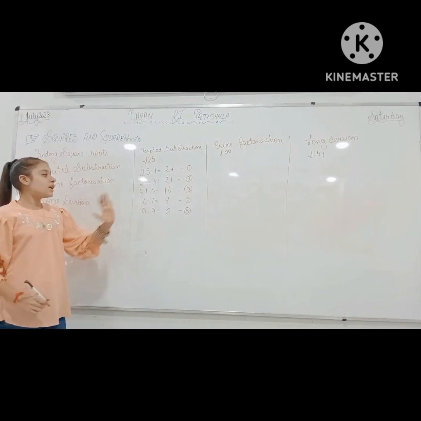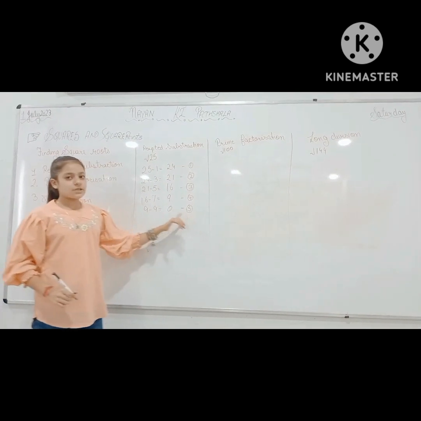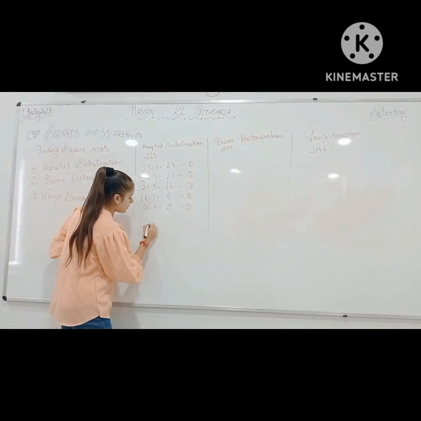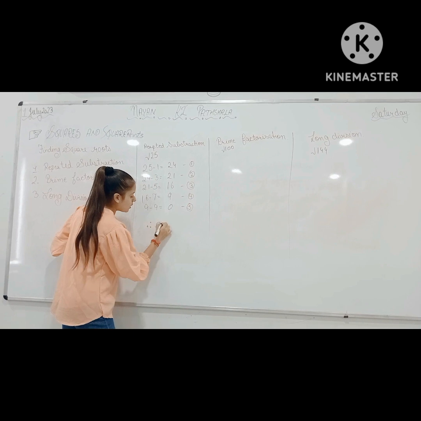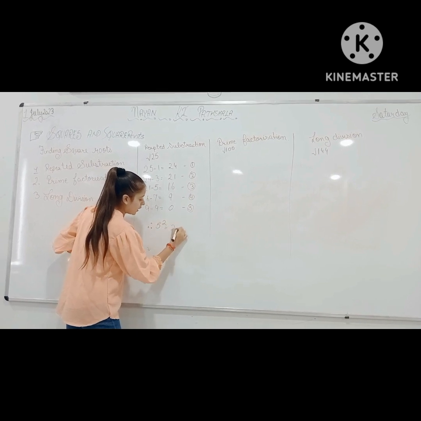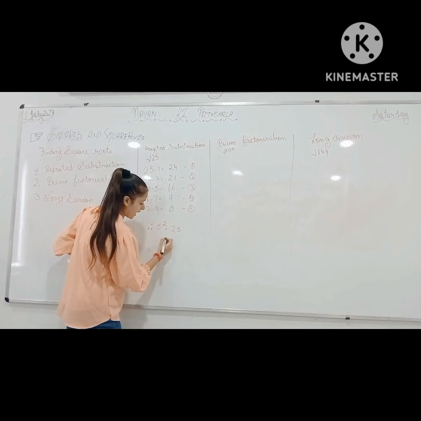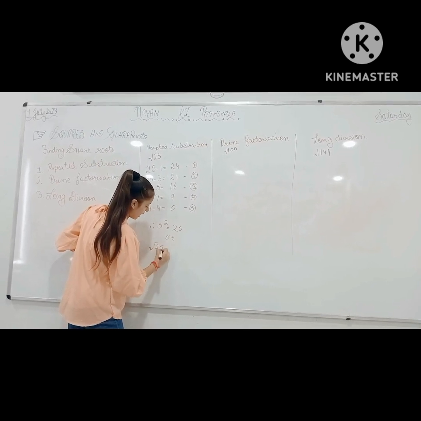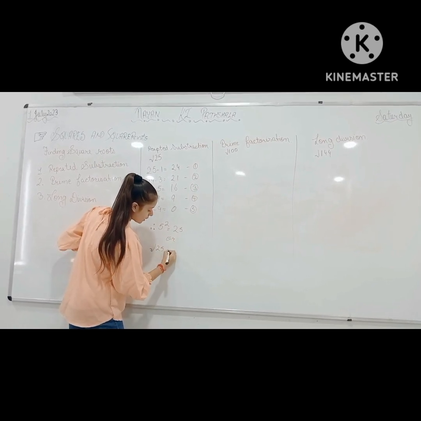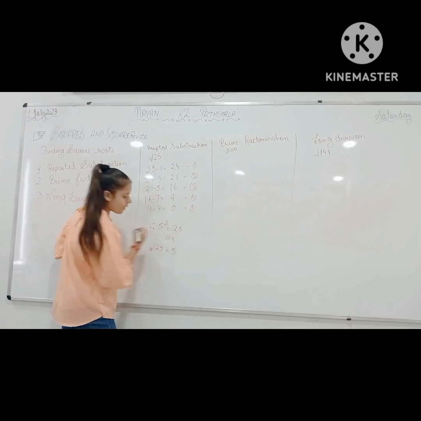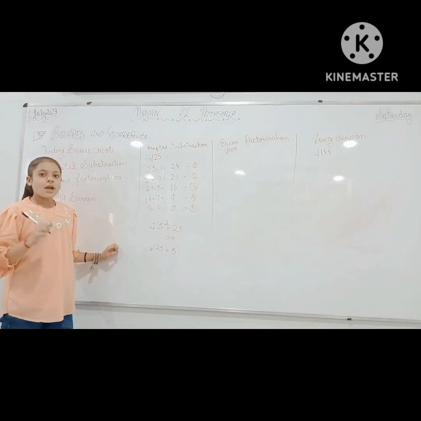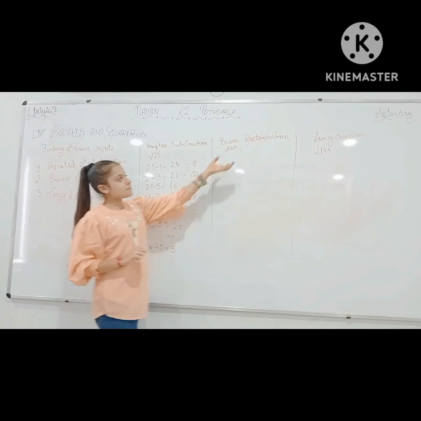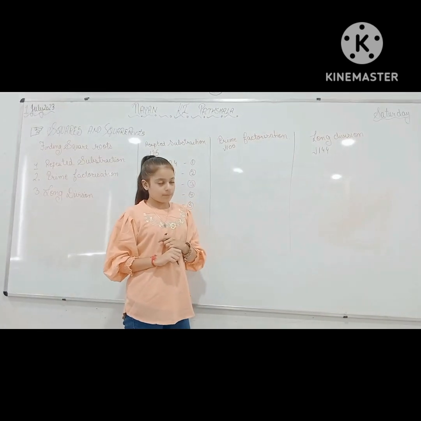We have to do subtraction 5 times. What does it mean? It means that 5 square is 25, or we can say that under root 25 is equal to 5.